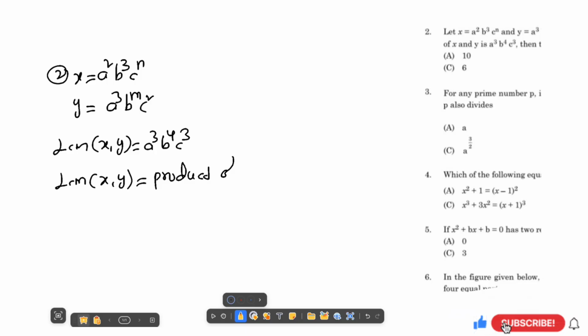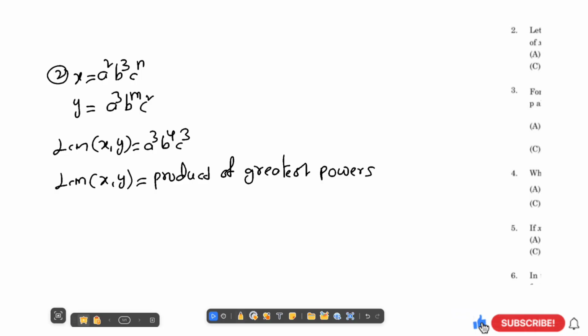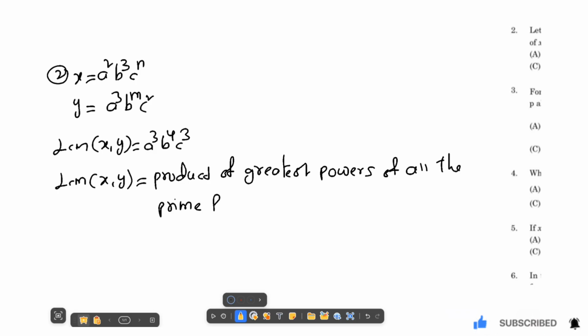Already the LCM is given, right? So it equals a cube b power 4 c cube.